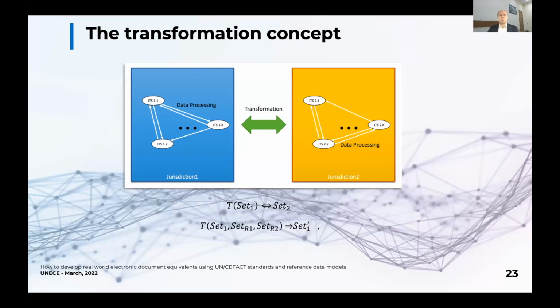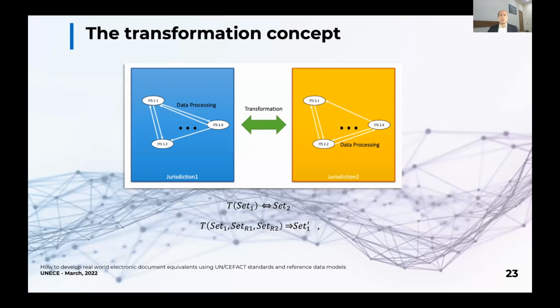Jurisdictions in this case should be considered not only as legal jurisdictions, states or legal associations, but any entities with their own set of requirements that affect the data sets processed as part of the information flow of the main business process flow.